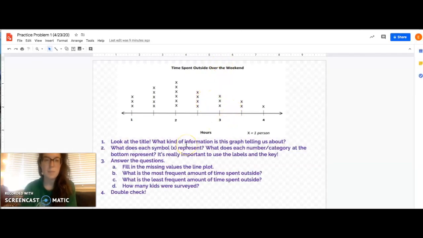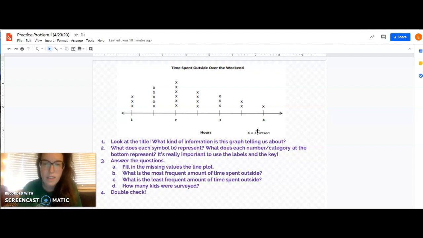I've created some steps here like before to help me solve problems with line plots. The first thing I need to do is look at the title. What kind of information is this graph telling me about? Well, the title says time spent outside over the weekend. It looks like it's in hours down here, so either 1 hour, 2 hours, 3 hours, or 4 hours spent outside over the weekend.